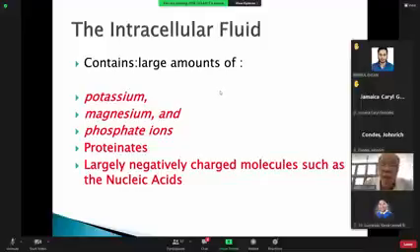The cell outside is more positive because there are more sodium ions outside the cell compared to inside. So that makes the cell more positive outside and more negative inside because of nucleic acids and proteinates. Take note of that.